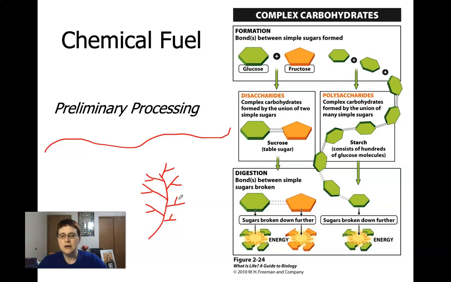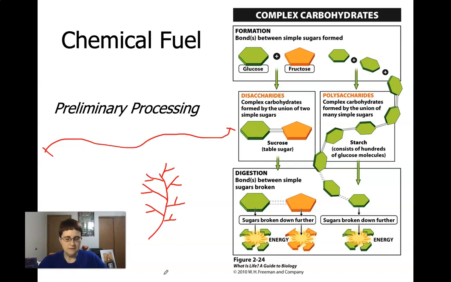So you can get energy off of all of these guys, versus if you needed energy from this guy, you'd only be able to take one from here and one from here. Right? But no matter whether they're complex carbohydrates like starch or glycogen or disaccharides, same thing's going to happen. You're going to break them off of their main molecule and then smash them to get the energy, just like you would for the monosaccharides.